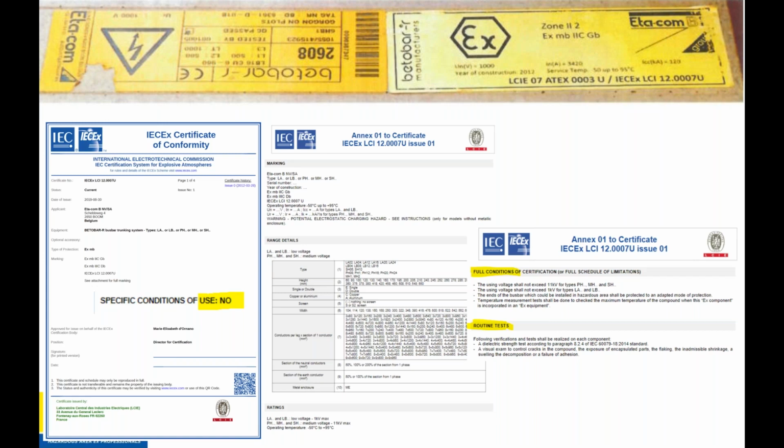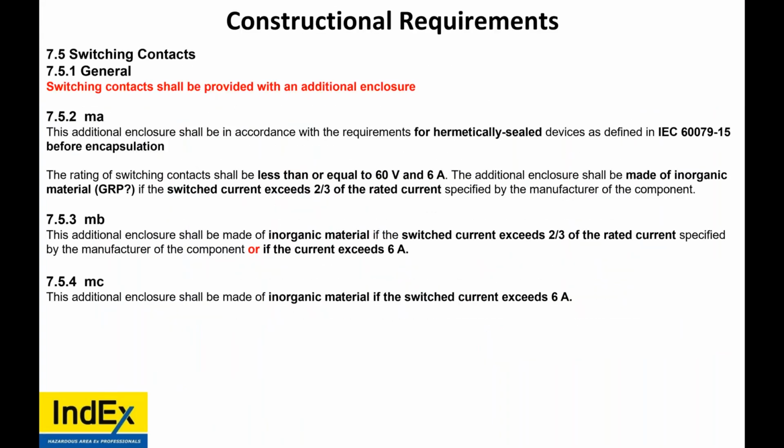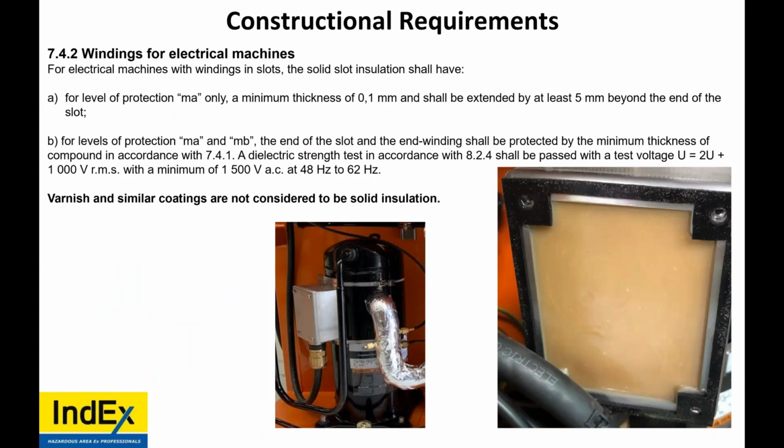So EXM can be used for motors, transformers, solenoids, bus duct. It can be used for many things. A compressor. There's the example of a compressor.